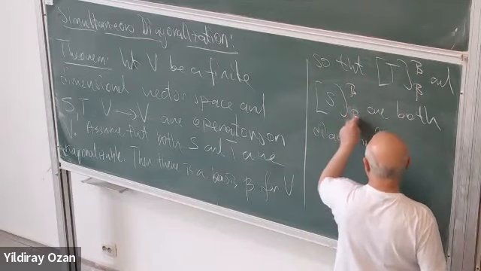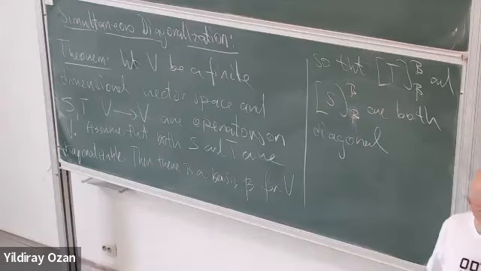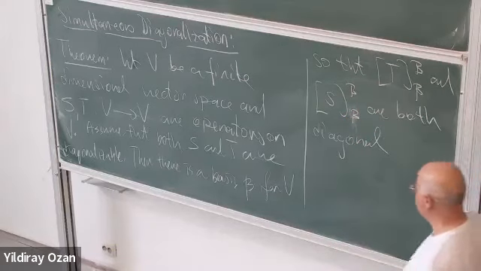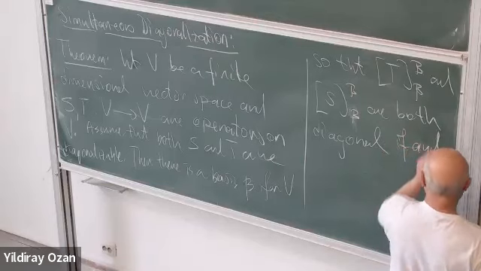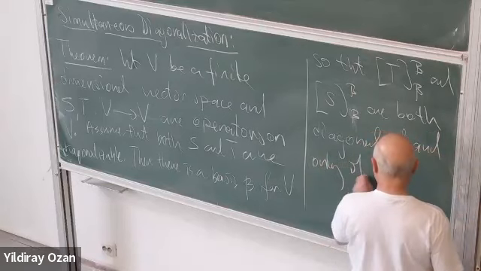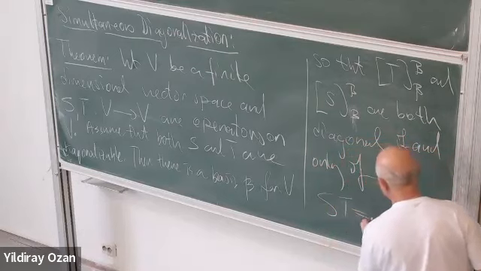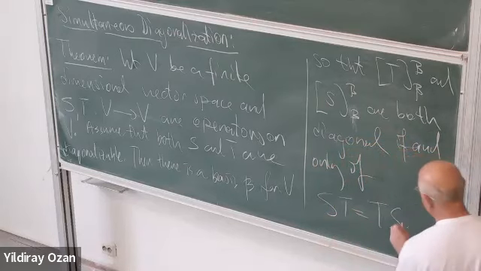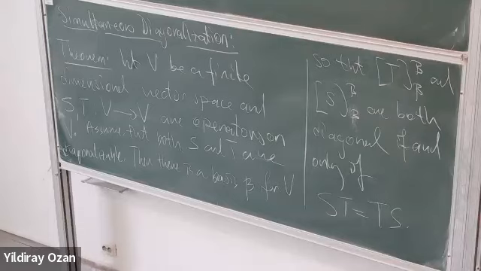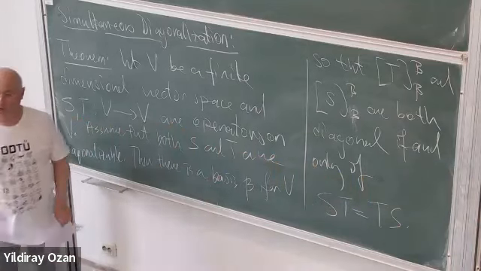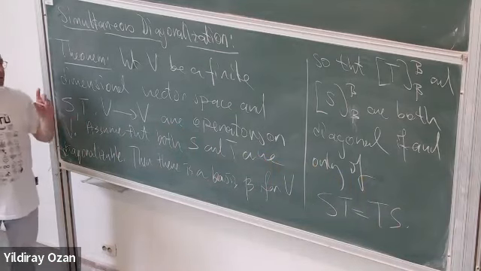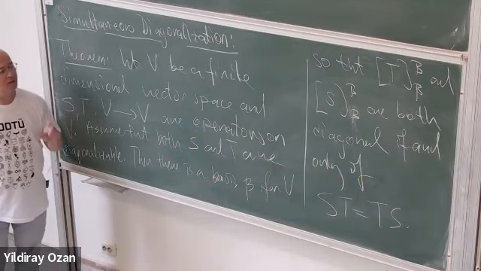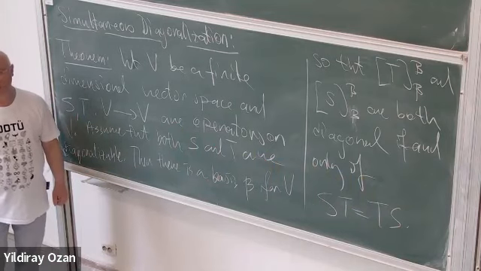We call this simultaneous diagonalization. We have a basis which diagonalizes both operators, if and only if S and T commute. In other words, S times T is the same as T times S. So if these operators commute and if they are both diagonalizable, then we can find a basis which makes both operators diagonal at the same time.